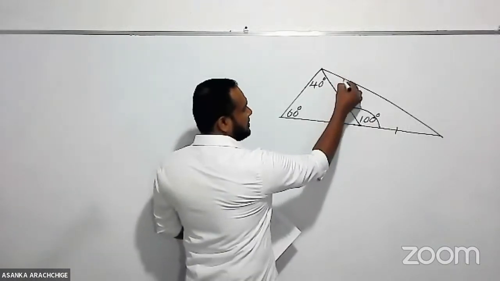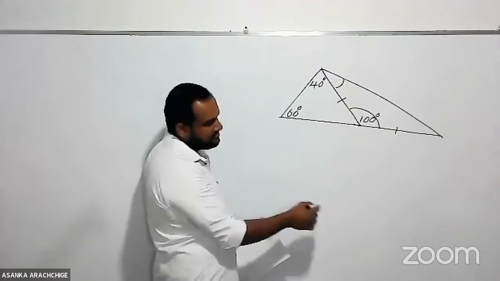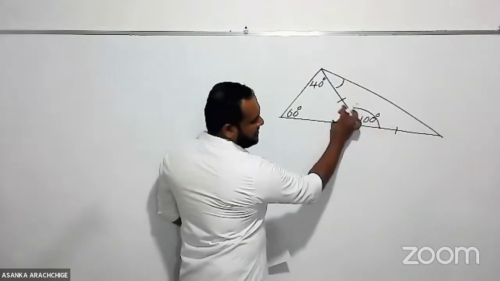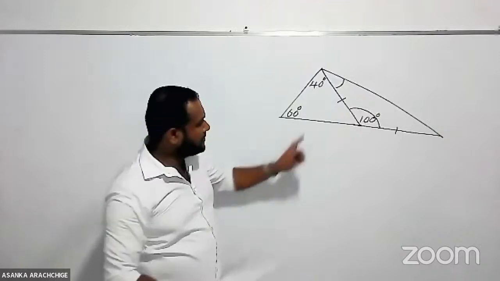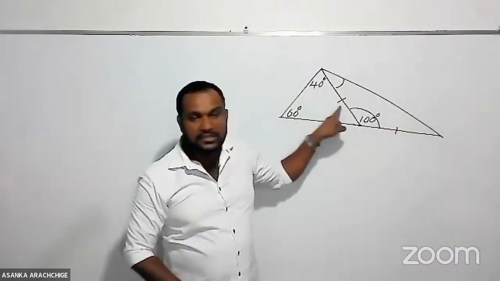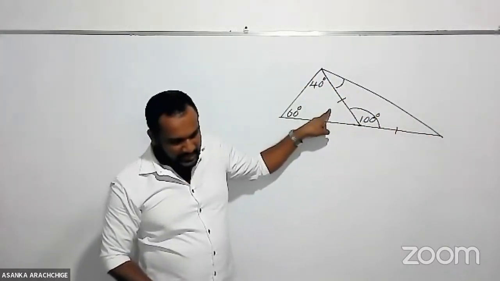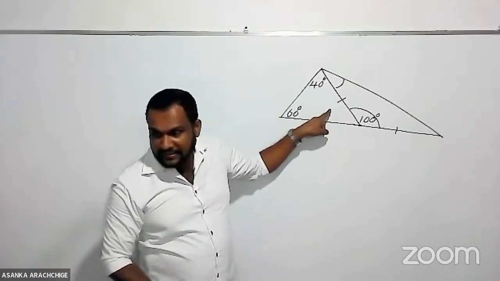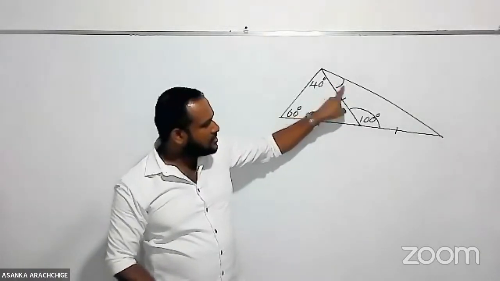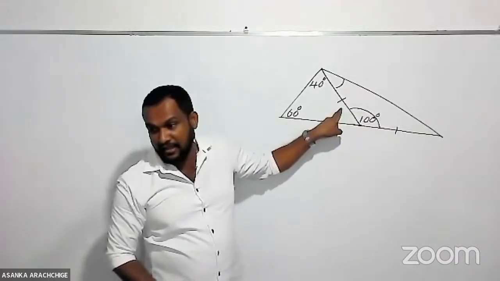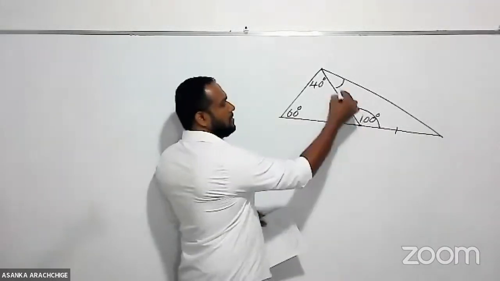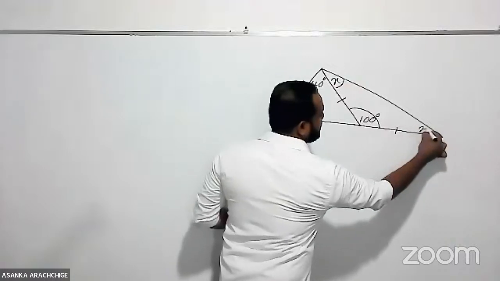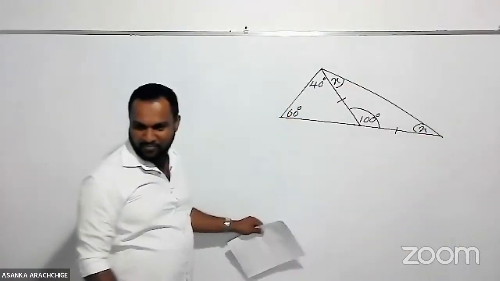CBD means this angle. Look, these two line segments are equal. Therefore, this is an isosceles triangle. In an isosceles triangle, the angles opposite the equal sides are equal. So, if this is x, this angle is also the same.